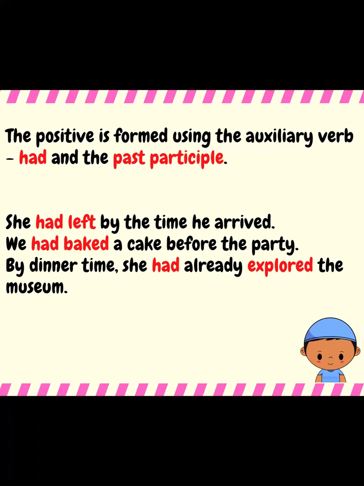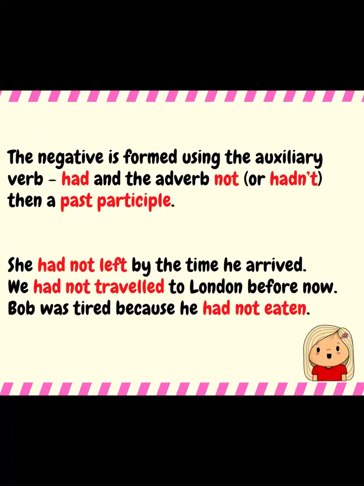Now, to form the negative version, we are adding an adverb to the sentence, okay? And what we are doing, we are saying had not. So the not part is what makes it the negative. And instead of saying had not, it's possible to use the contraction hadn't.